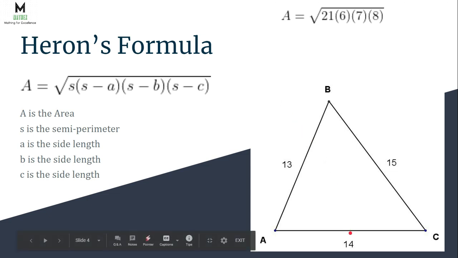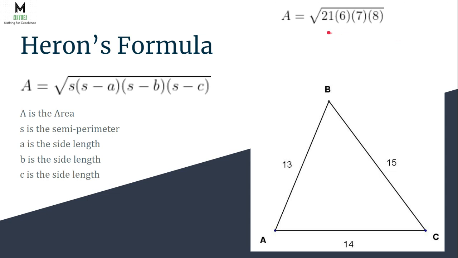Subtracting 14 to get our s minus b term, we'll get 7. And subtracting 13 from this 21, we're going to get 8. So if we compute the square root of 21 times 6 times 7 times 8, we'll get the area of this 13, 14, 15 triangle.